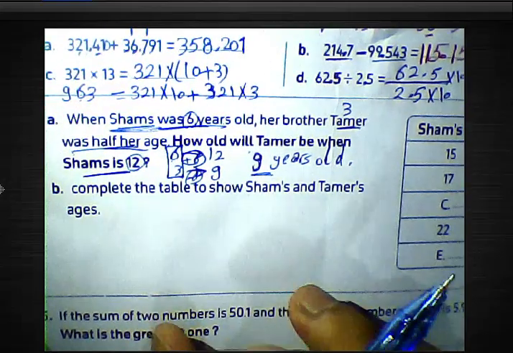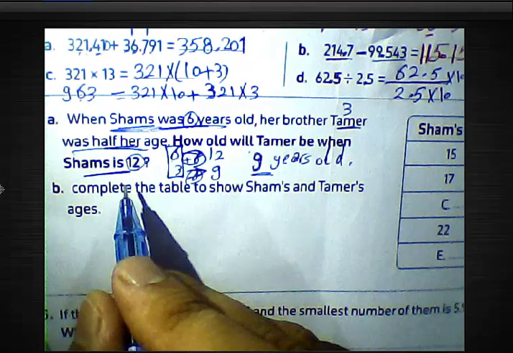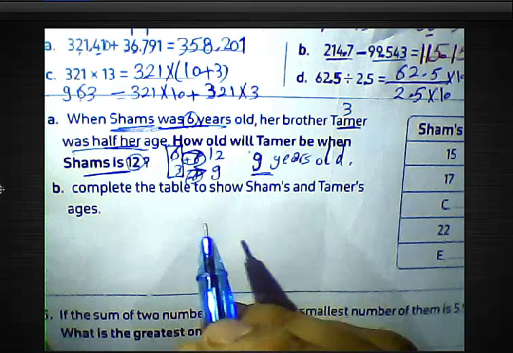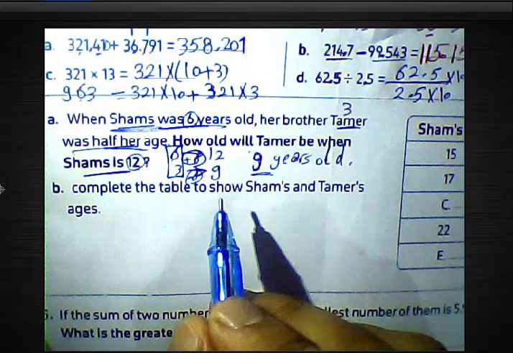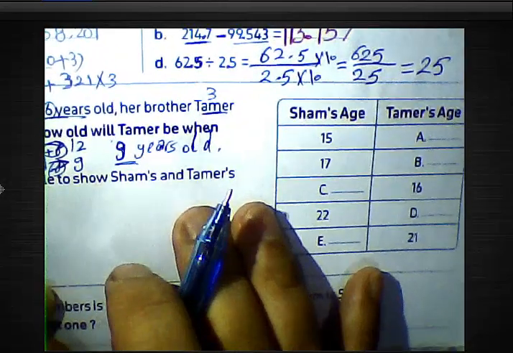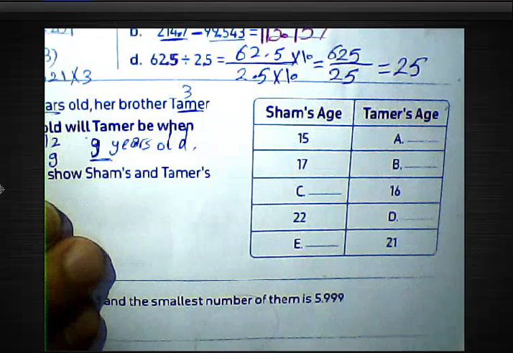We have the difference between the ages of Shams and Tamer. Shams is older than Tamer by 3 years. So we can complete this table. If Shams is 15 years old, Tamer will be what?